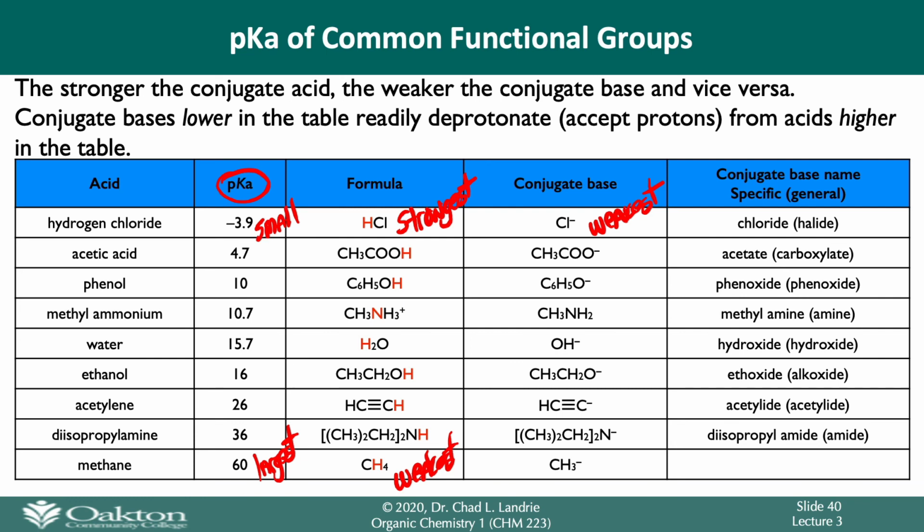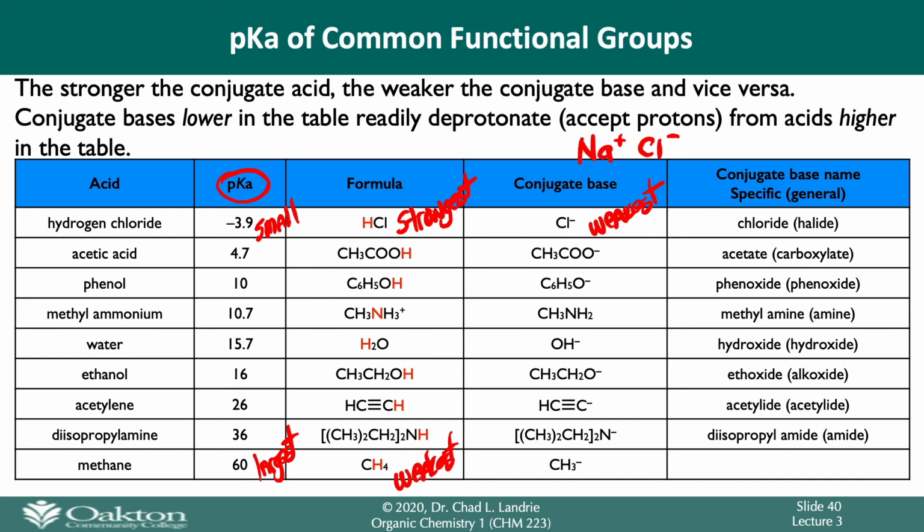And I think that makes sense. We're all familiar with a compound sodium chloride, NaCl. And chloride doesn't accept hydrogens to become hydrochloric acid. If it did, sodium chloride would be pretty toxic.